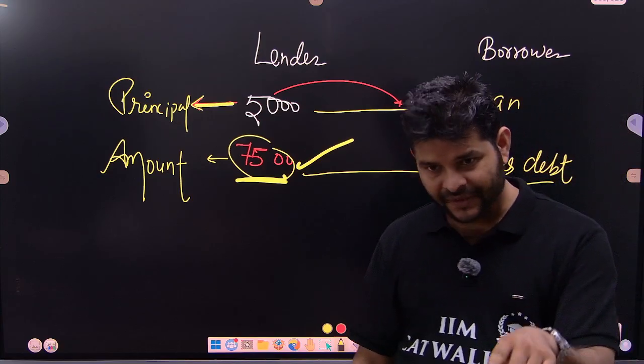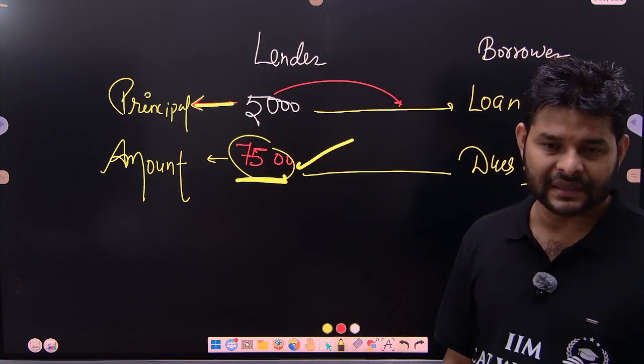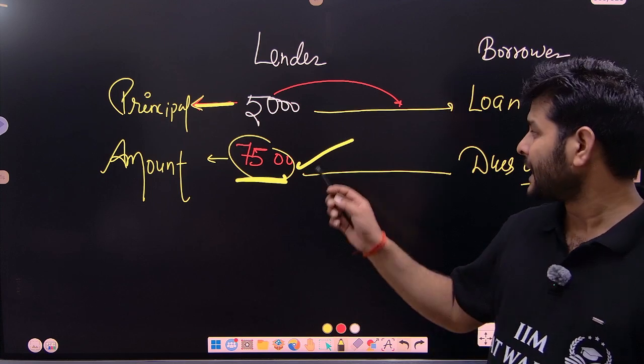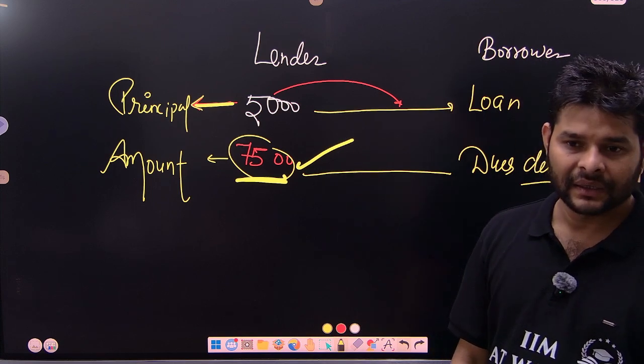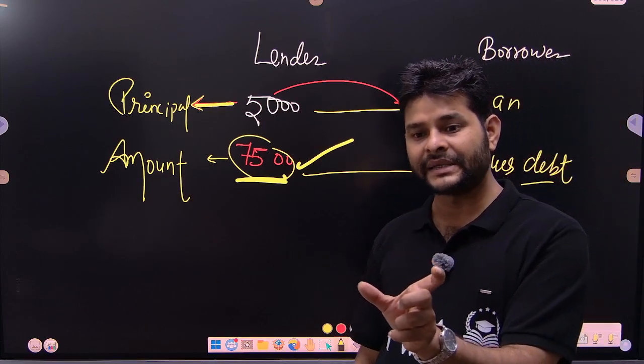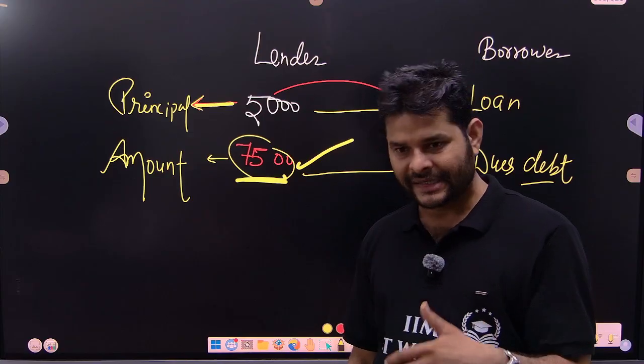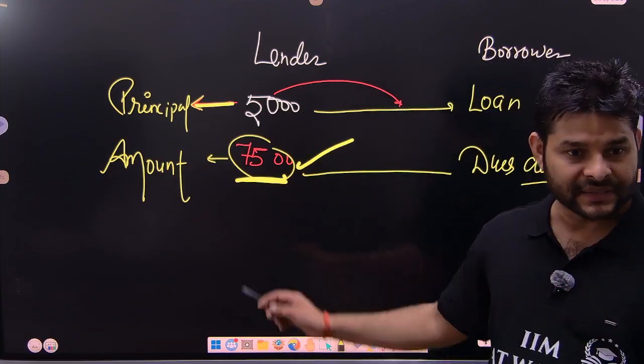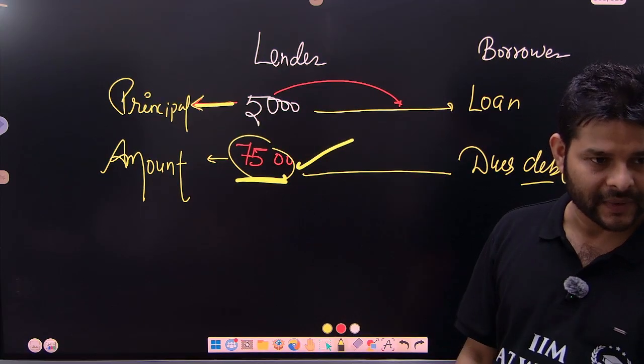But in the very first year, at the same time, he says, sir, I am unable to repay that 7500 in a single shot. Could you make that 7500 in installment format?